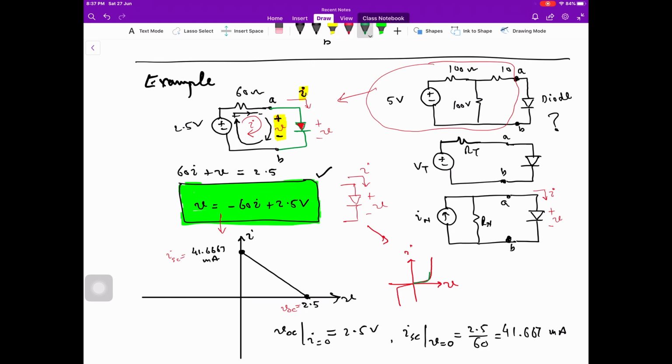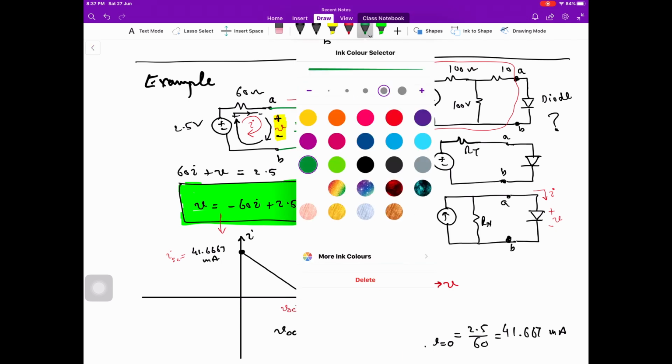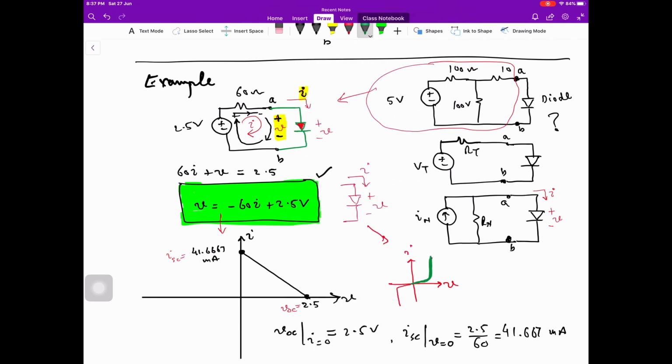As our load line is in the first quadrant, we will be using this part of the VI characteristics of a diode, and I will just superimpose this on it. So it is like this. This is our diode, the VI characteristic of the diode shown.